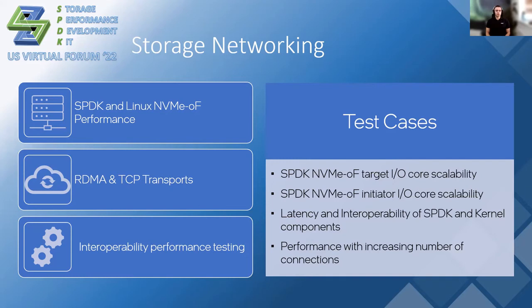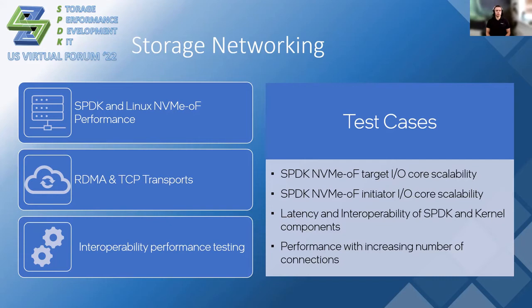Next, test case 3 is about measuring latency for both SPDK and kernel NVMe-oF components. Here, like in the local storage, we use random type workloads with small block sizes, 4K, using QDepth 1. And additionally, we check various combinations of target and initiator modes, mixing SPDK and kernel on both sides of the connection to check their interoperability and to see what's the impact on latency performance.